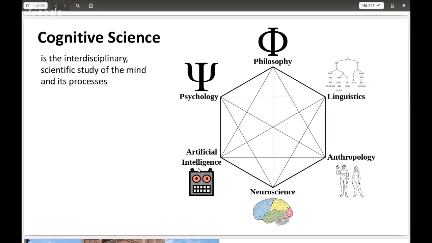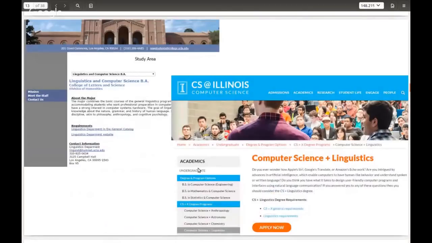And now, because of the importance of linguistics and its relationship to computer science, you can get dual degrees in computer science and linguistics. At UCLA, where my linguistic lineage starts, they offer linguistics and computer science, and the University of Illinois offers computer science and linguistics.